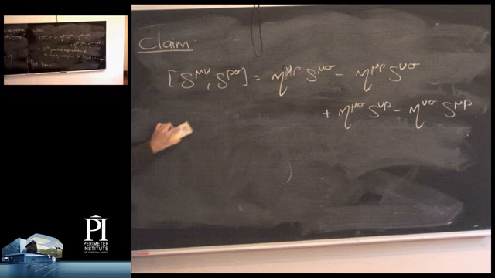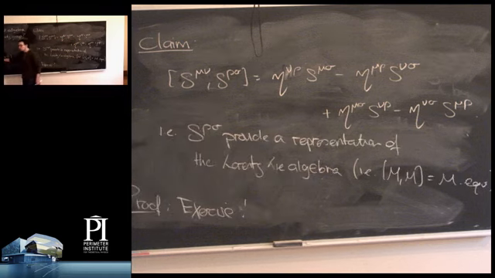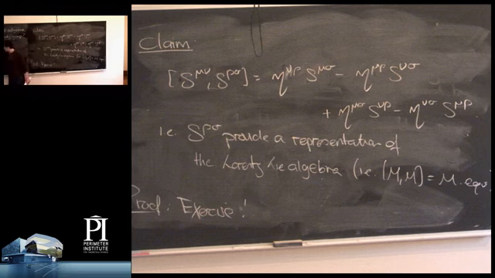OK, I could go through the proof of this on the board, but it should be clear what you need to do, and I'm going to leave it as an exercise. So we've got these S's defined in this way. You shouldn't use the explicit gamma matrices that I gave you to get the explicit S's.